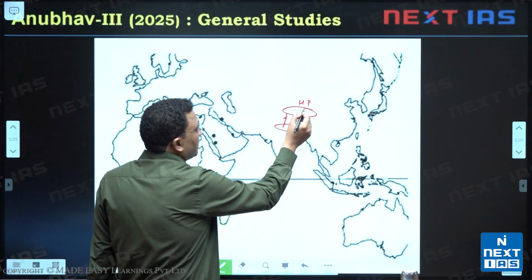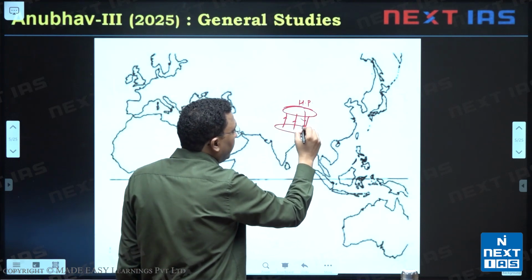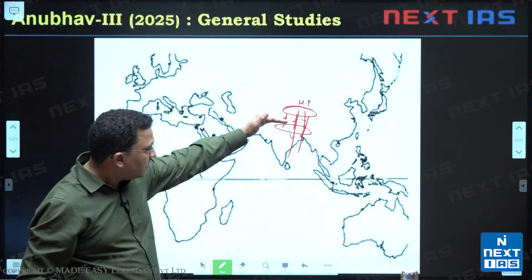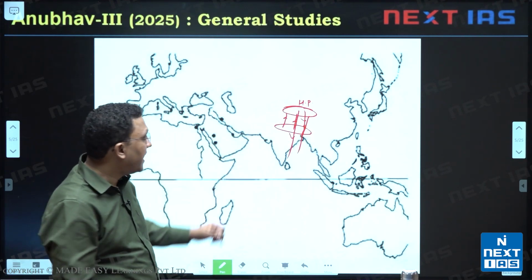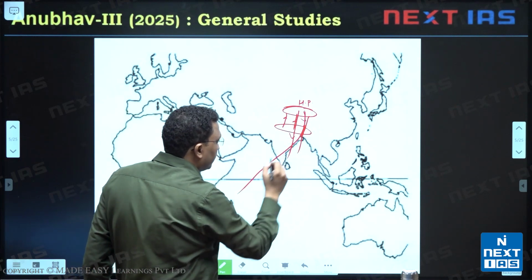Then from this high pressure zone, air starts to move towards the Indian Ocean region, something like this. But then the Coriolis effect comes in, and this air gets deflected something like this.